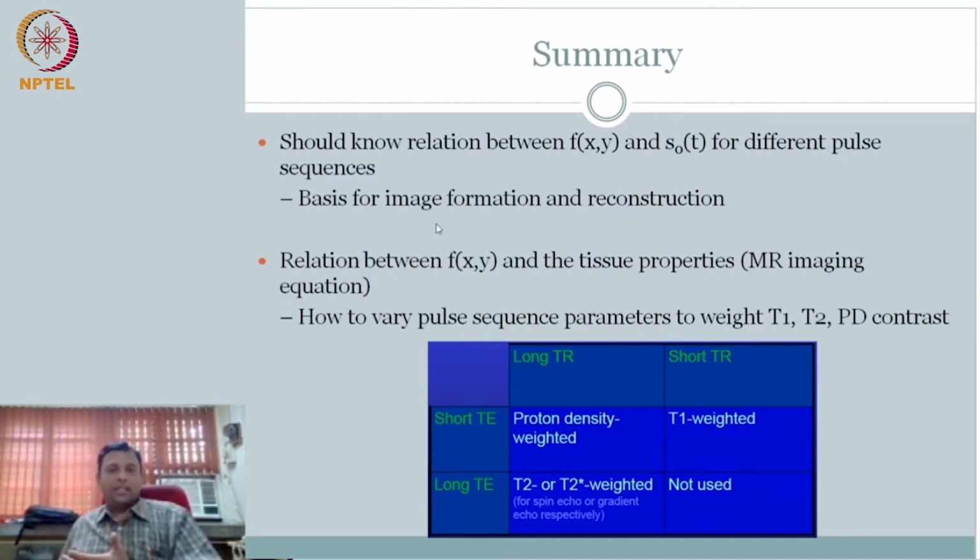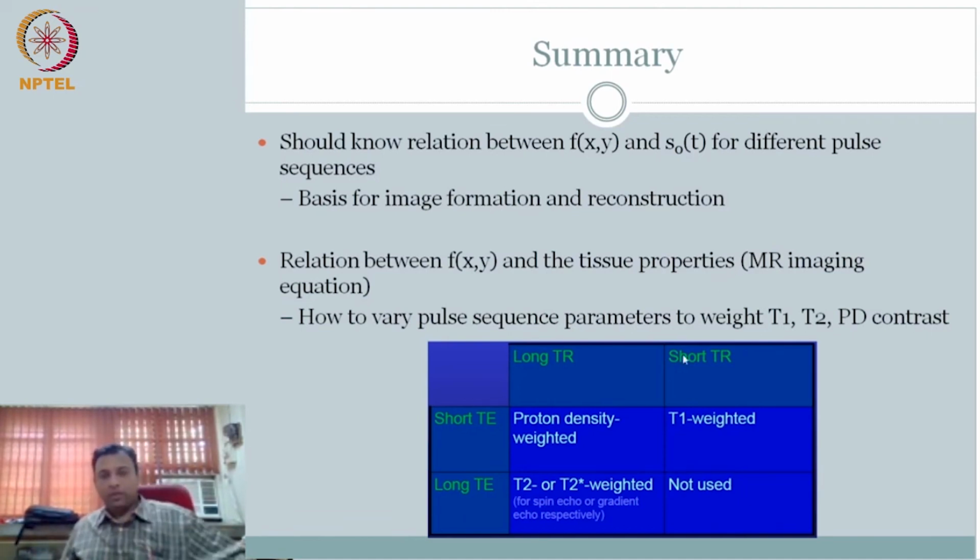Once you have that, basic image formation and reconstruction is straightforward. This is the important aspect. So the relationship between f of x comma y and the imaging properties: we showed this for proton density, but we have already covered in physics how you weight the different timing sequences of acquisition to different properties, T2 or T1 weighted images.